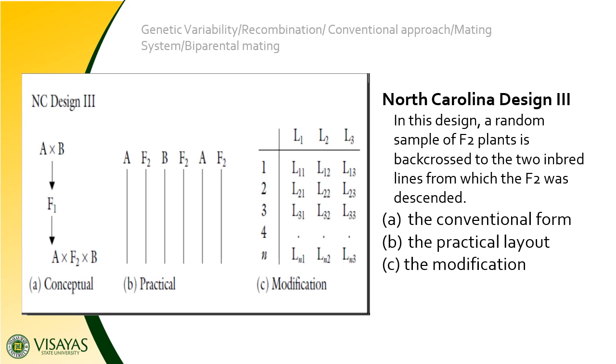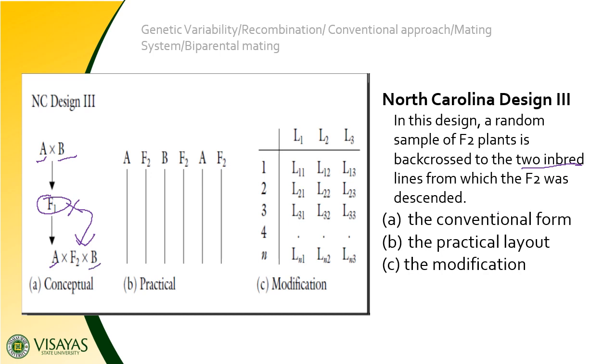In here, as you can see, A and B are your two inbred lines. Then you generate the F1, and this F1 will be crossed by itself to produce the F2. And in this conceptual approach, you have the A parental lines and the B parental lines crossed with the F2.